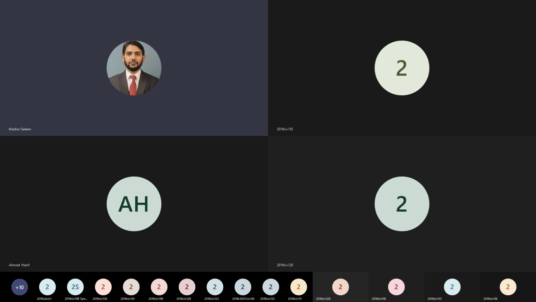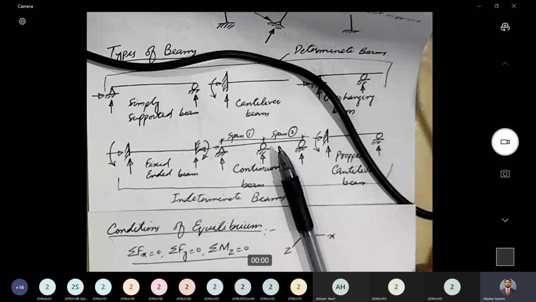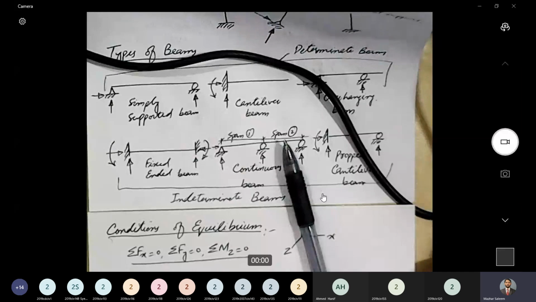Okay, guys. So this is 11:07. So let's start our discussion again. Let me share my camera view. Okay, so can everybody see this paper and pencil, my camera view?